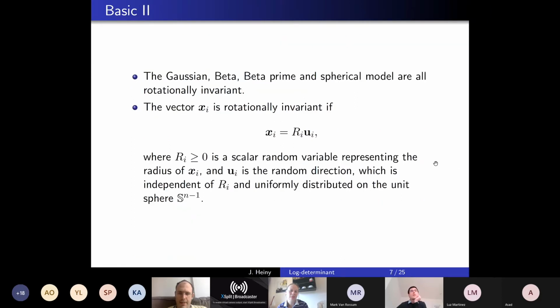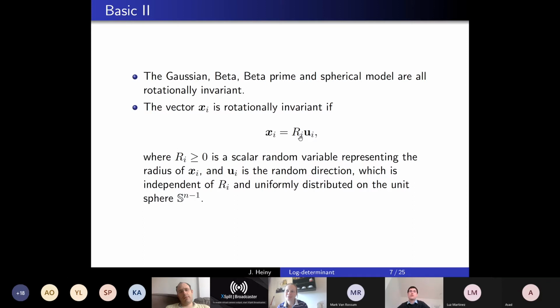And now let me explain what these four models that I introduced, namely this Gaussian, beta, beta prime, and spherical model, have in common. Namely, they are all rotationally invariant. And I recall that a vector xi is rotationally invariant if it can be written as the following product.